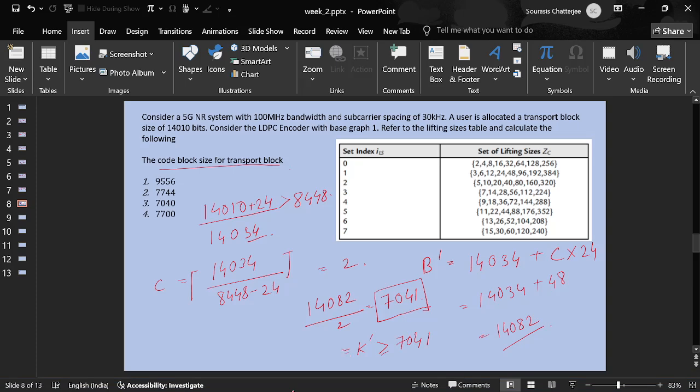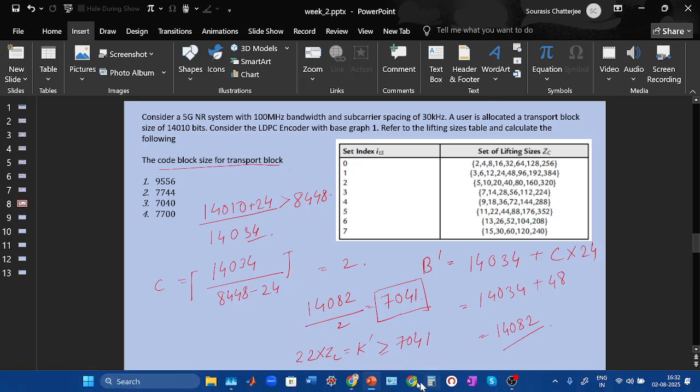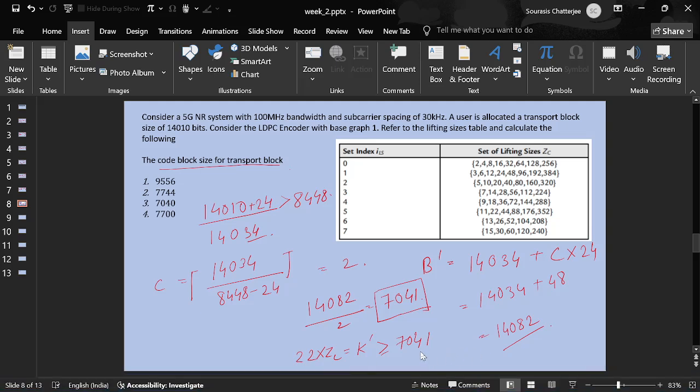And this K dash has some formula. The number of columns is already fixed, so it is 22 times some number, ZC. And what is ZC here? The lifting size. So it's 22 times ZC, and the target is 7041.